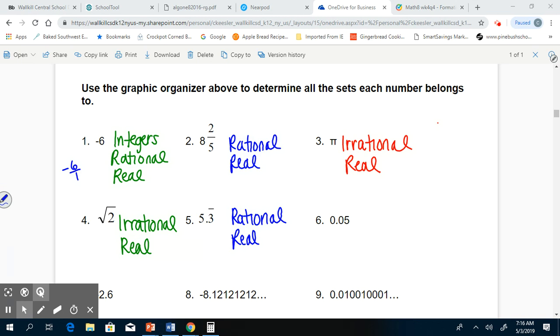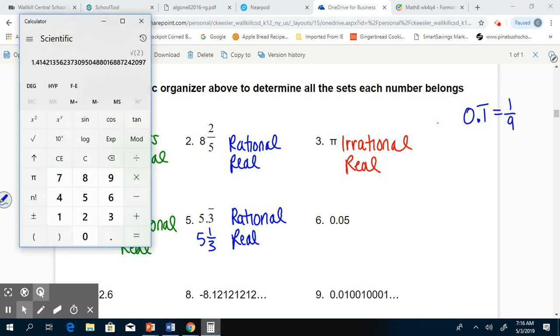Something else that's a real quick trick that you can remember, 0.3 repeating, hopefully you remember, is 1/3. So there's your fraction. But any number that repeats once can be written over 9. So for example, 0.1 repeating equals 1/9. And I can prove it to you by doing 1 divided by 9 in my calculator. I get 0.1 repeating.